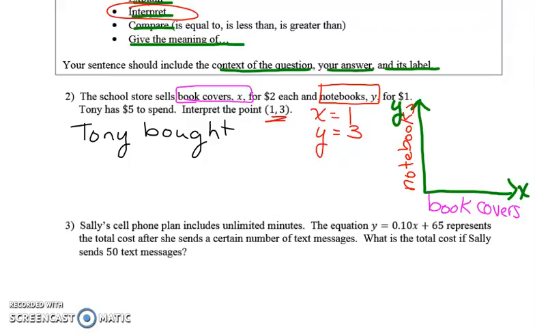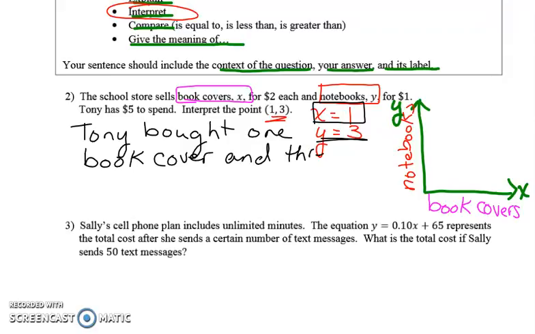How many book covers did he buy? 1, right? Tony bought 1 book cover. And how many notebooks did he buy? Yeah, just look at our Y value. And 3 notebooks.